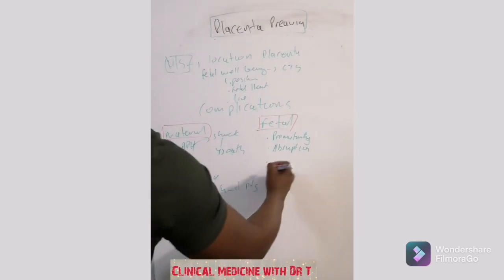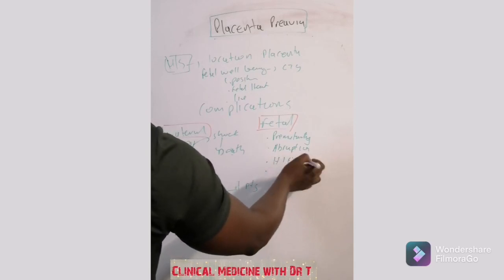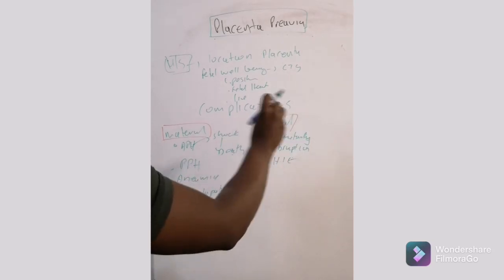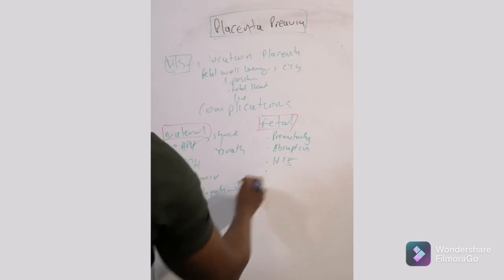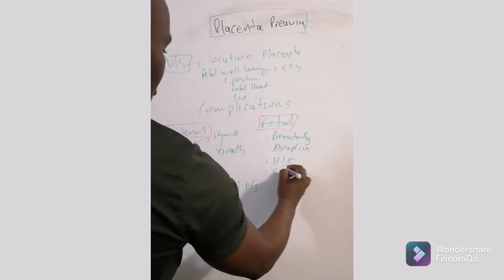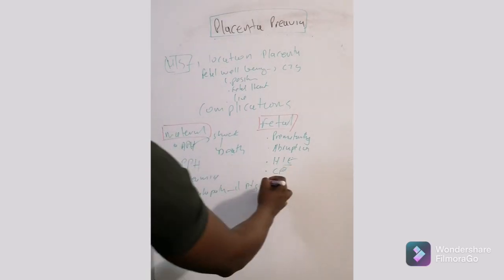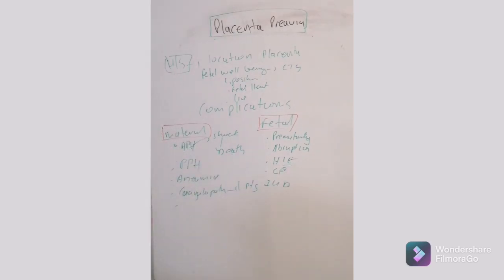So you can have fetal insult like HIE, because remember, once the blood, the oxygen and the nutrients to the baby become affected, then that brain has a chance of being damaged. HIE, CP, and even intrauterine death. So those are the complications.